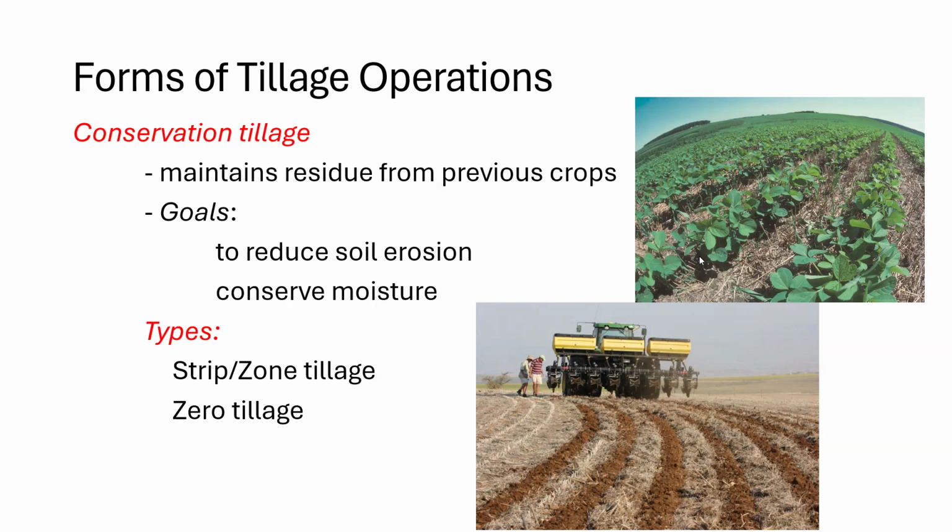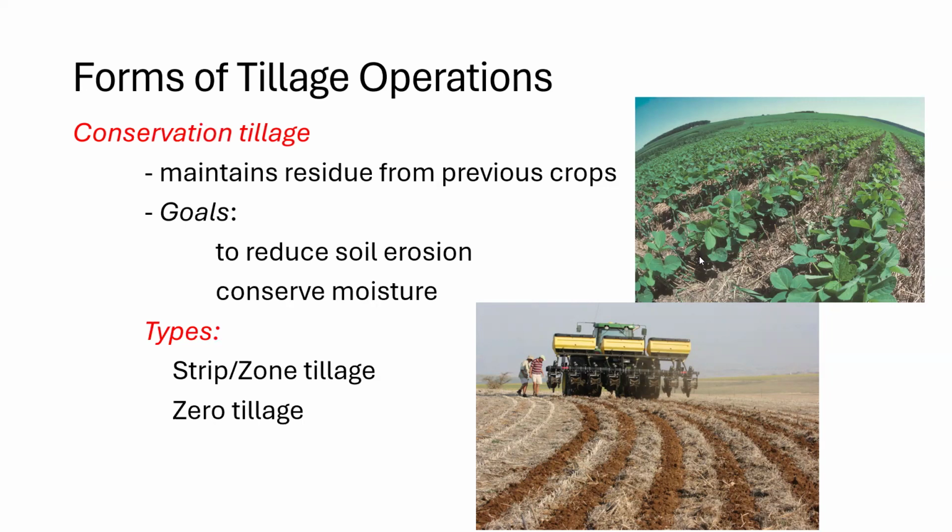So it maintains residue from previous crops with the goal of reducing soil erosion and conserving moisture. And of course, since nako-conserve yung tillage, conservation tillage nga. So, nakaka-conserve rin ito or nakaka-reduce ng production cost due to land preparation.